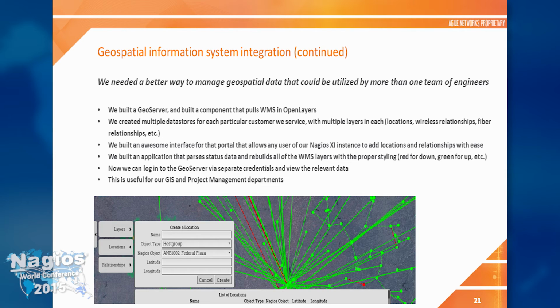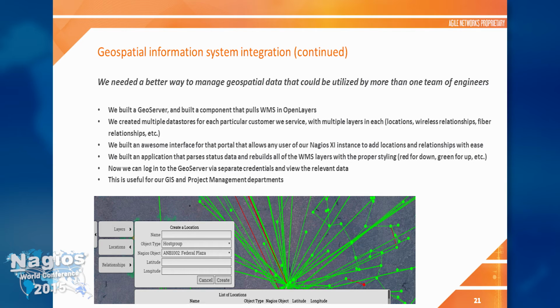We built an application that parses status data from XI and then updates the layers on the PostGIS system just transparently. It happens once a minute, pulls that information, updates the layers. Now we can log into the Geo server via separate credentials. If we give someone a URL to our geospatial system, they can log in and they can actually pull these layers.